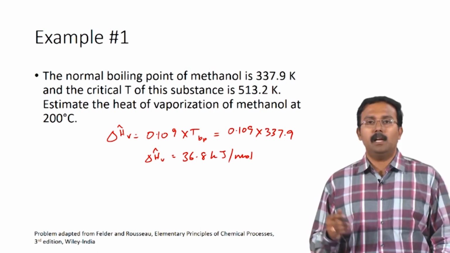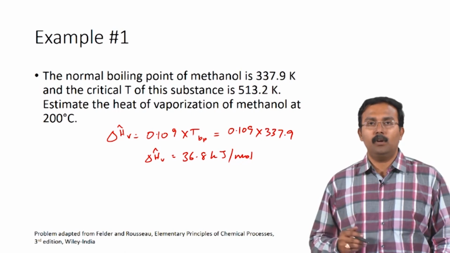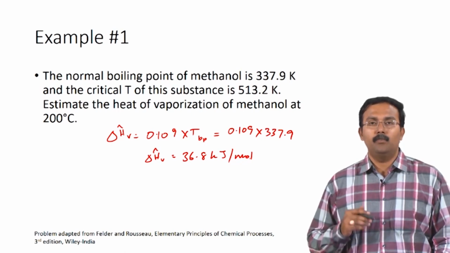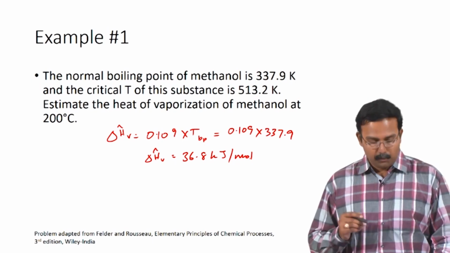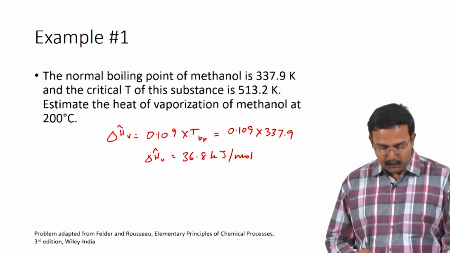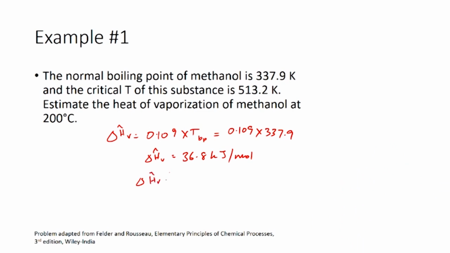However, we have been asked to calculate the heat of vaporization of methanol at 200 degrees Celsius. For doing this, we would have to use Watson's correlation. Watson's correlation says delta H cap V at temperature T2 is equal to delta H cap V at temperature T1 times critical temperature minus temperature of interest, divided by critical temperature minus temperature at which the heat of vaporization is known, to the power of 0.38.